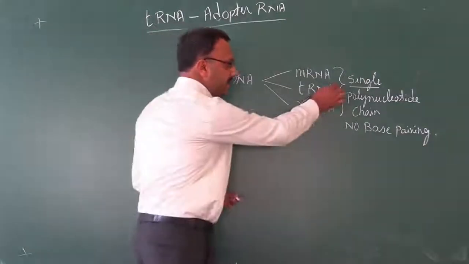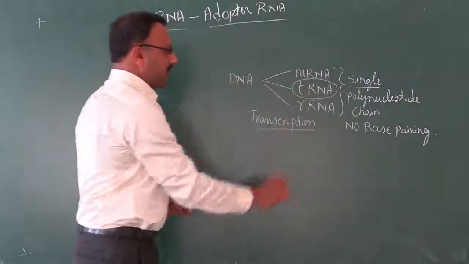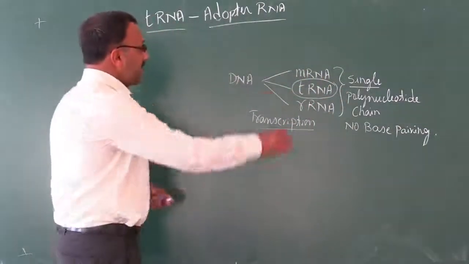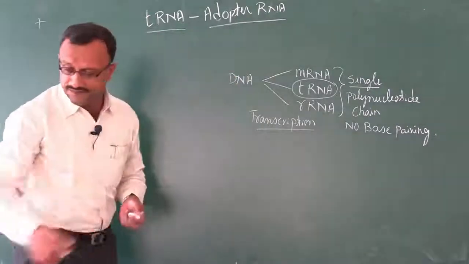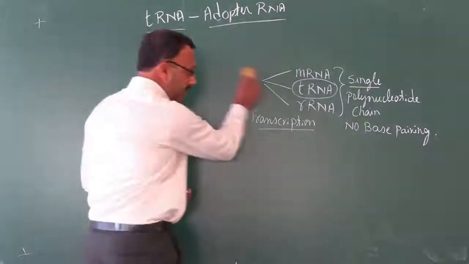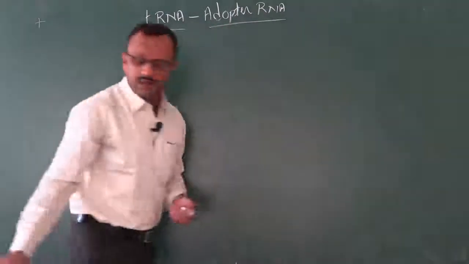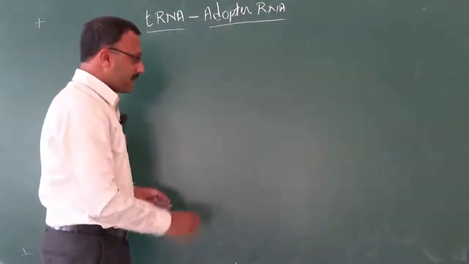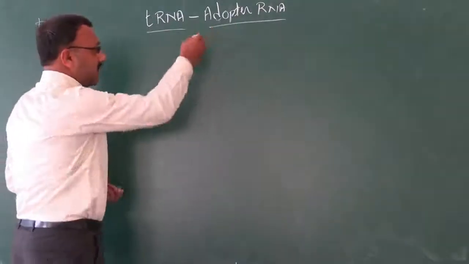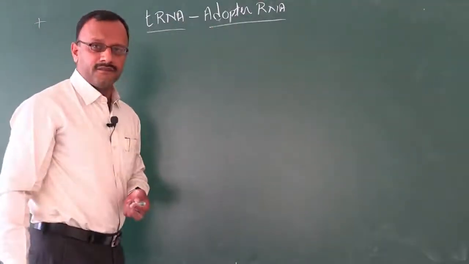Now we are going to learn about tRNA. tRNA is a form of RNA which is synthesized from DNA by means of transcription, which is also called adopter RNA.